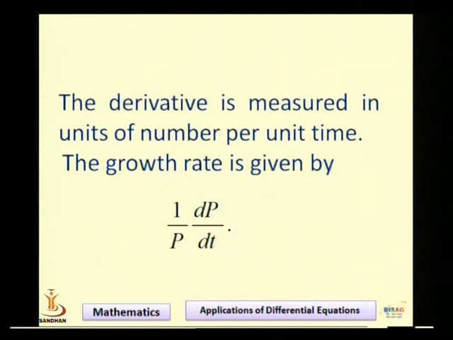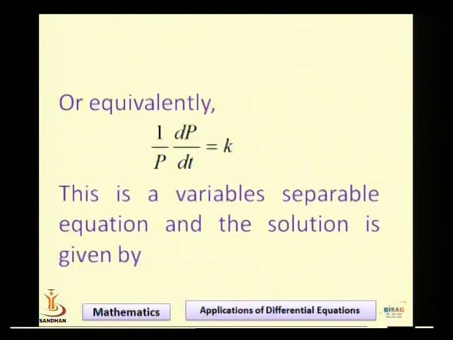The derivative dP by dt is measured in units of number per unit time, because it is the rate of change of P with respect to time. Now the growth rate is represented by 1 by P dP by dt, that is the rate of change of P with respect to time divided by the total population.